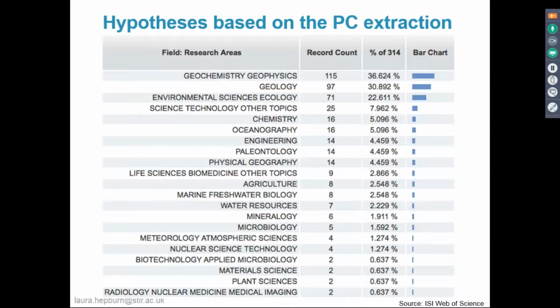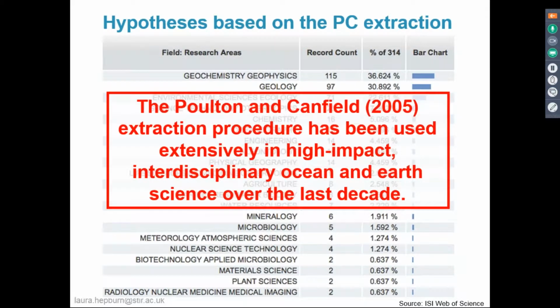This work hasn't been just influential to lots of high-impact studies, it's also been applied to a large range of disciplines. Obviously, it's very important to the geosciences, but it very quickly has a high relevance to environmental, engineering, and technology applications as well. So, the Poulton and Canfield extraction procedure has been used extensively in high-impact interdisciplinary ocean and earth science over the last decade.